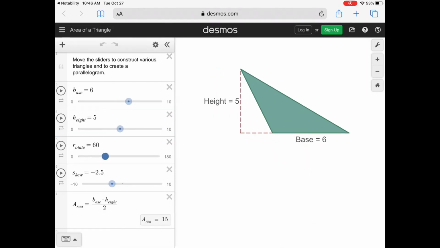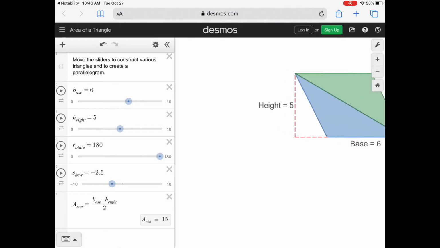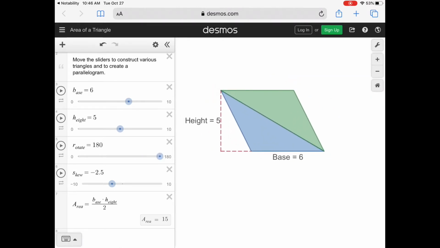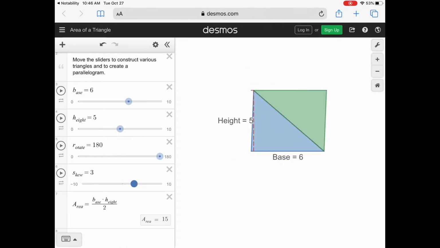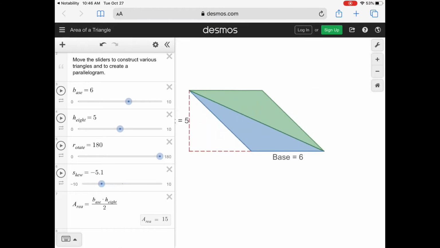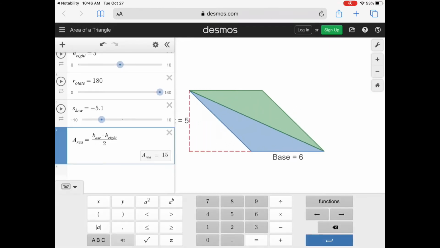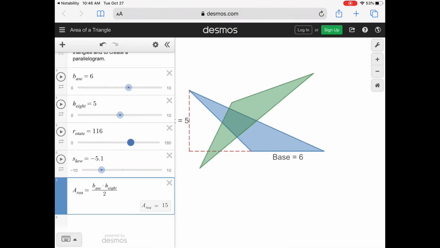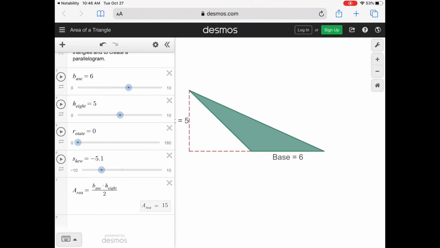Then if we wanted, we could rotate this triangle to make a parallelogram. Check that out. If we rotate that, we get a parallelogram. Then we can skew it and change the height there. Notice that the area is down here. They're keeping track of base times height divided by 2 for that triangle, for that blue one. I'm going to rotate that back so it's just a triangle.